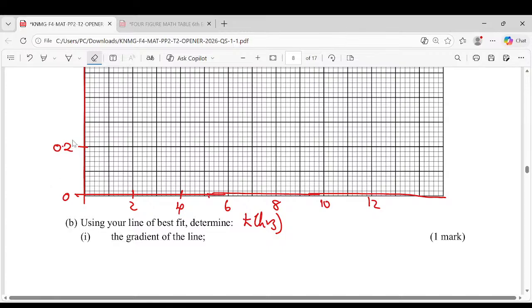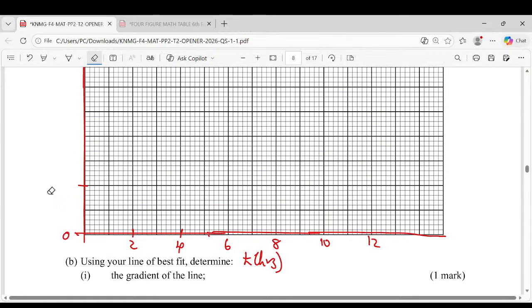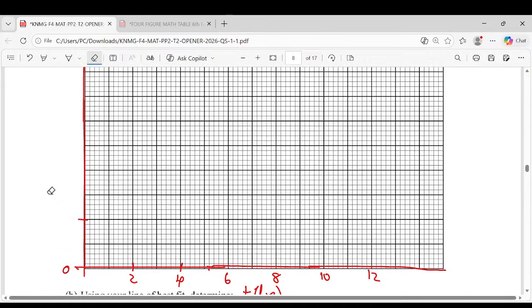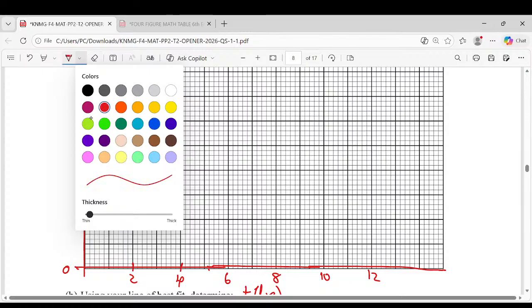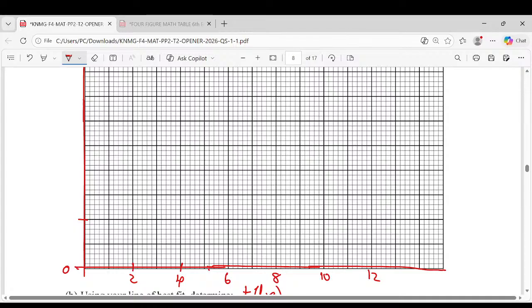Let me have it accommodate all my points this way. I'll have this as 0.6. Let me still use the red ink to make it very clear. This is 0.6 here.